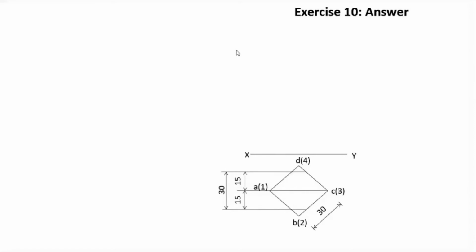For that, we mark the main diagonal. This is the main diagonal, and 15 mm above as well as 15 mm below, we draw two lines. Now the distance between these two lines will be 30 mm.